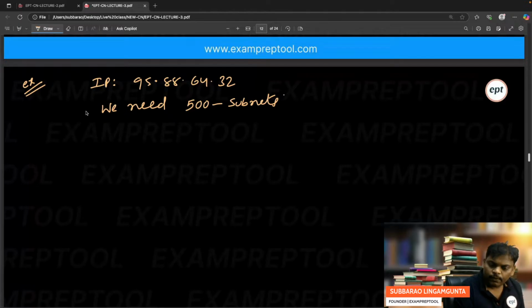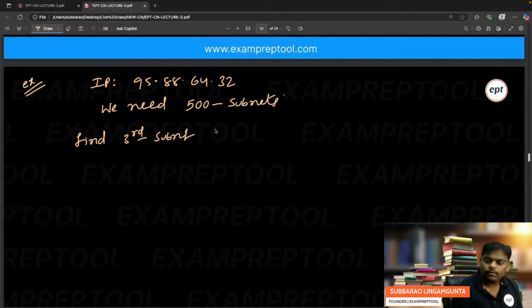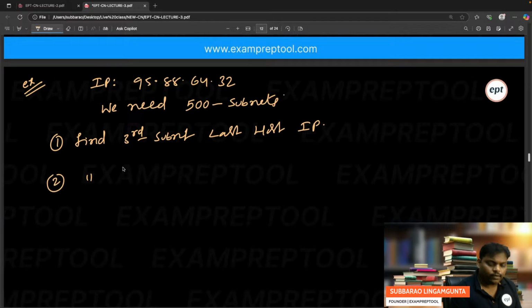Now, find the third subnet's last host IP. Find the first subnet's DBA.